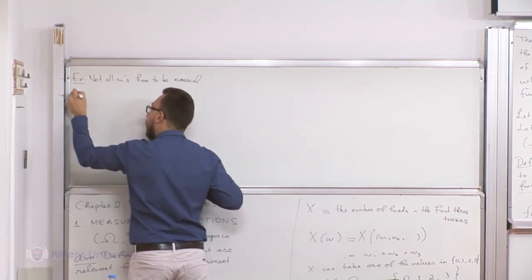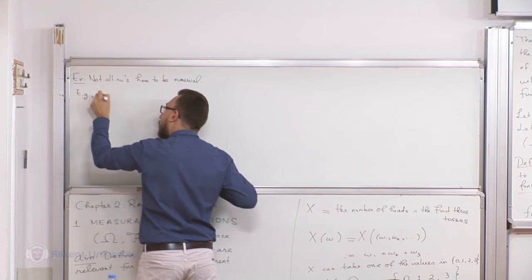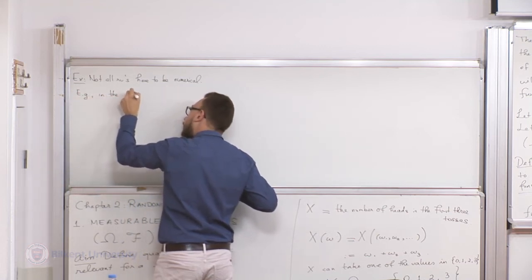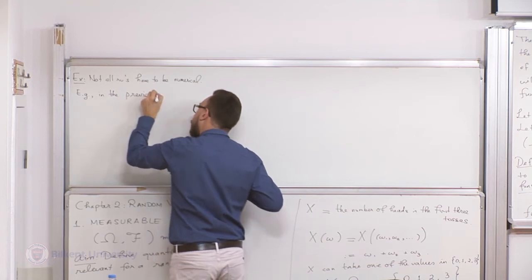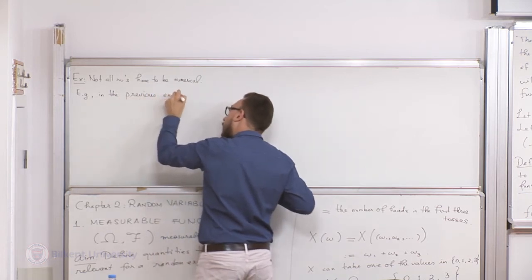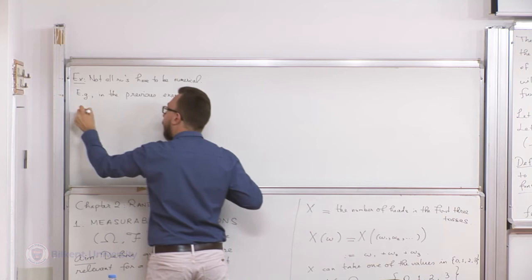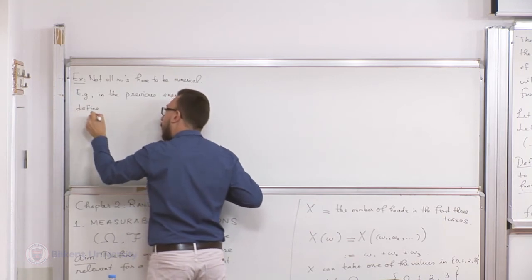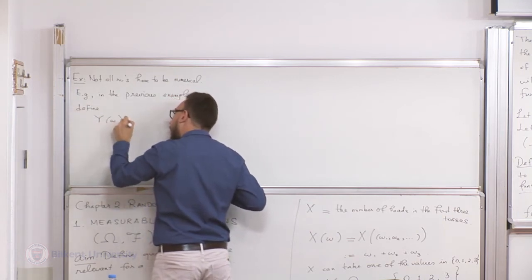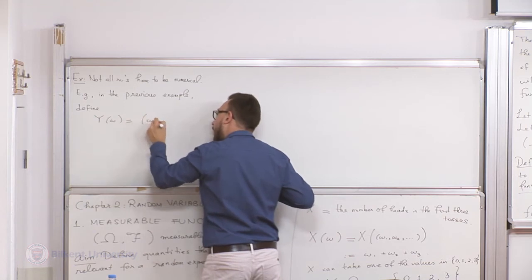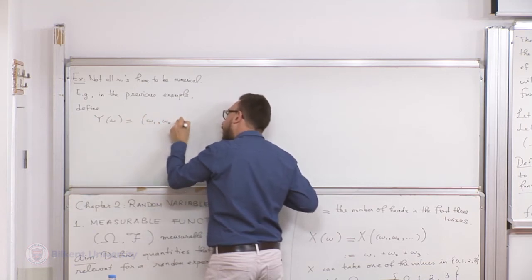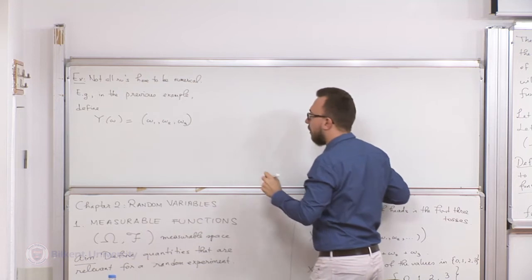For instance, in the previous example, the coin tossing example, define Y of omega as omega 1, omega 2, omega 3 for every omega.